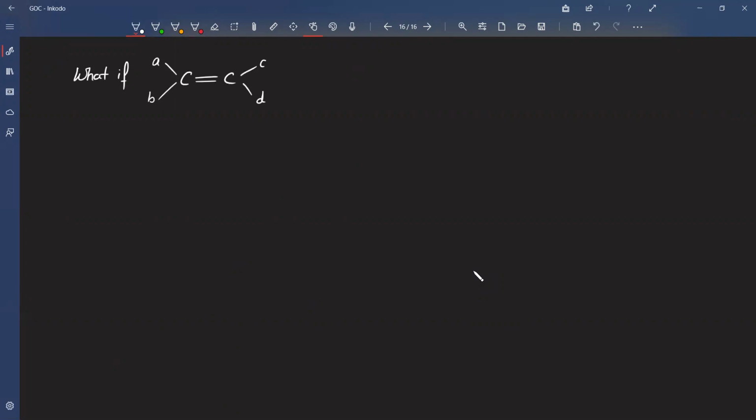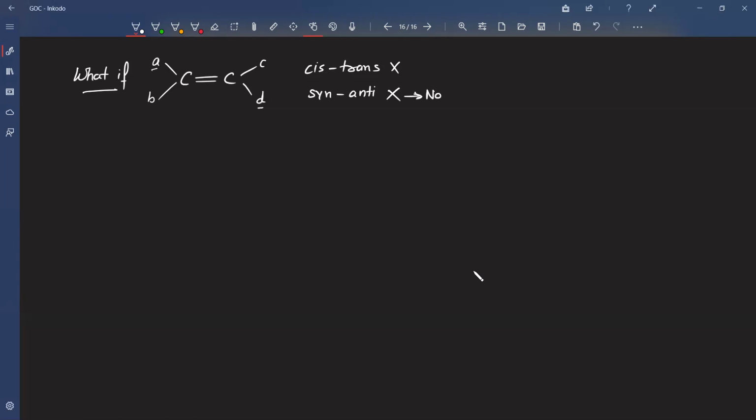So there are no duplicate substituents which are on the same side or on the opposite side. So I cannot even use cis and trans. Do you agree? They're all different though, right? Yeah, all are different. So can I use cis and trans? No. Can I use syn and anti? No. In syn and anti, there has to be a lone pair.